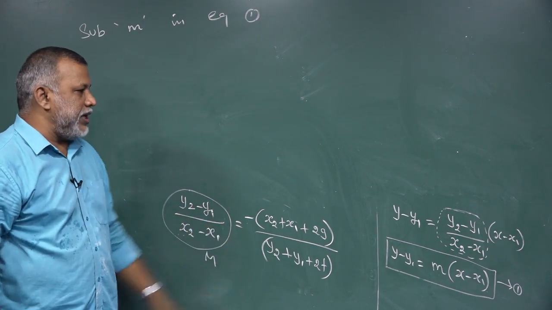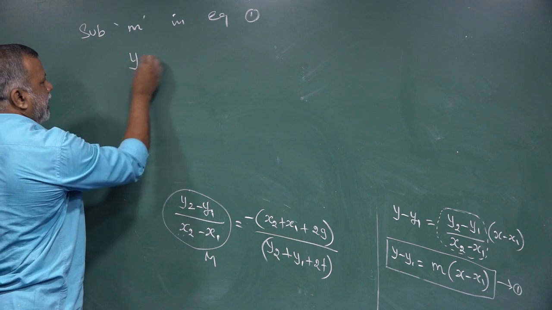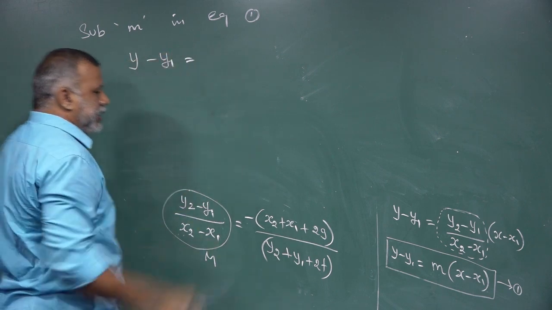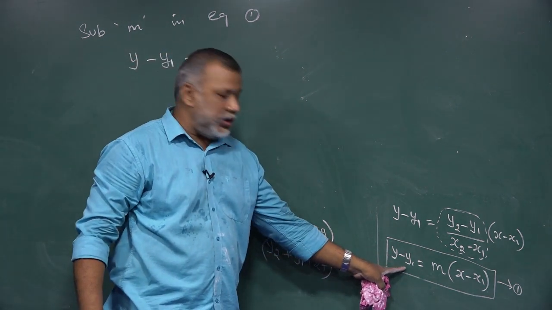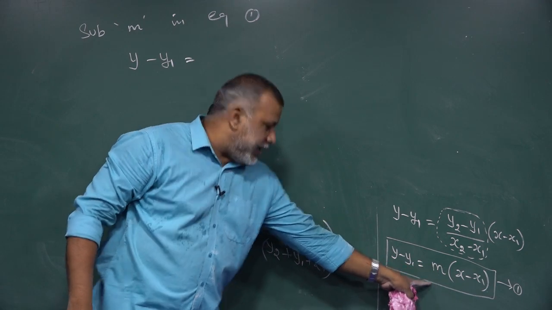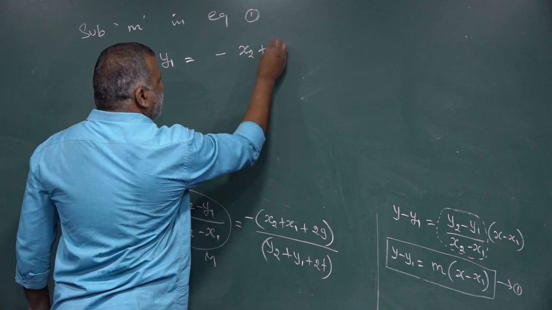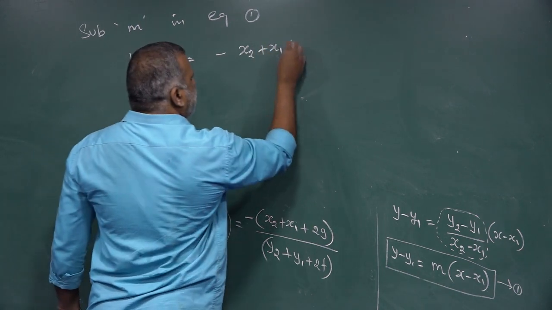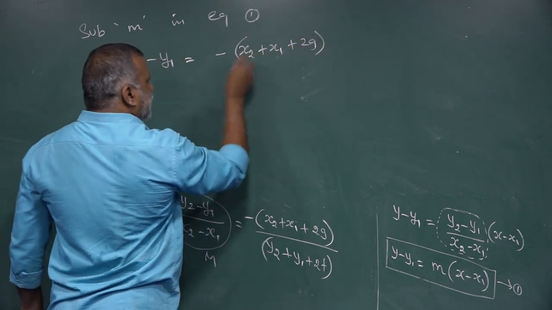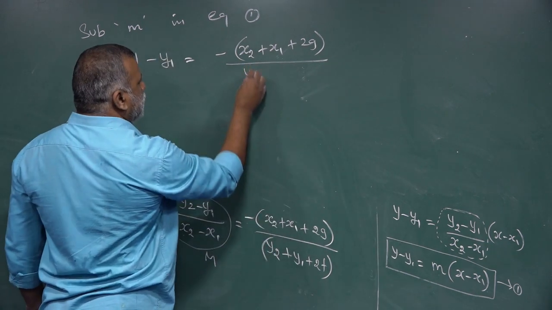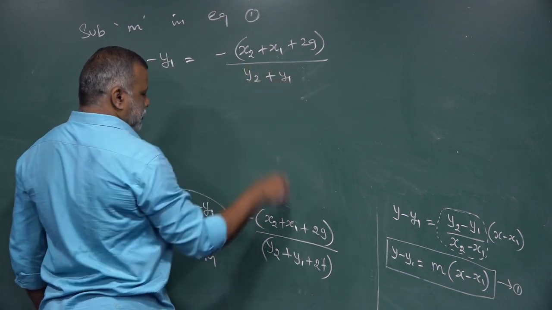So I have to substitute here. See, y minus y1 is equal to, instead of this m, I am replacing minus of (x2 plus x1 plus 2g) divided by (y2 plus y1 plus 2f).